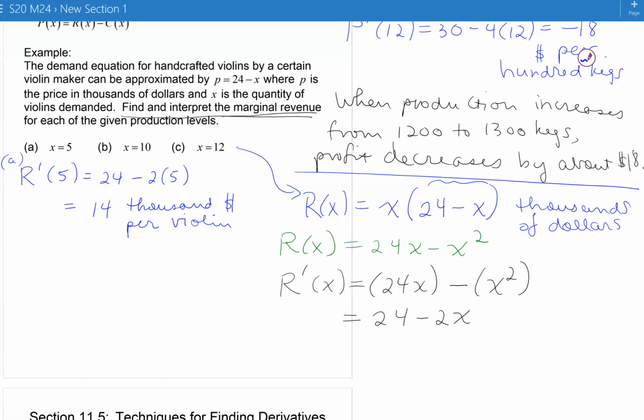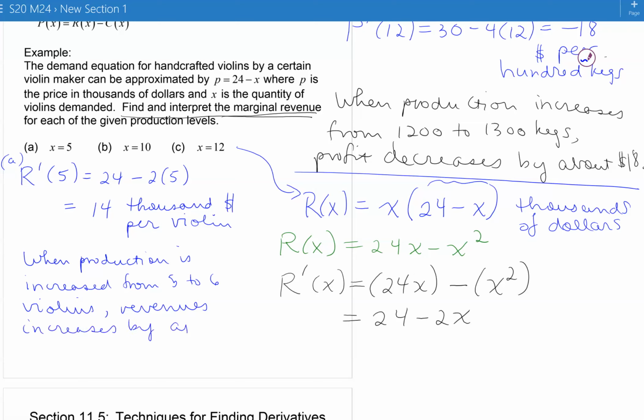Okay, so then interpret is when production is increased from 5 to 6 violins, revenue increases by approximately $14,000. So we would say, yes, you should do that, right?